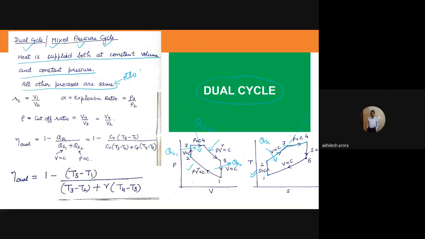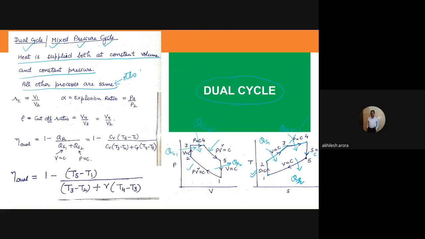So 3 to 4 is the heat supplied at constant pressure, QS2. Then 4 to 5 is the constant entropy process, S equal to constant, because it's a reversible adiabatic process. And then 5 to 1 is the heat rejection at constant volume, so it is QR. That is how we can draw the dual cycle on a PV diagram and on a TS diagram.